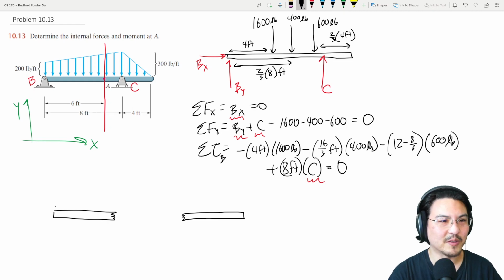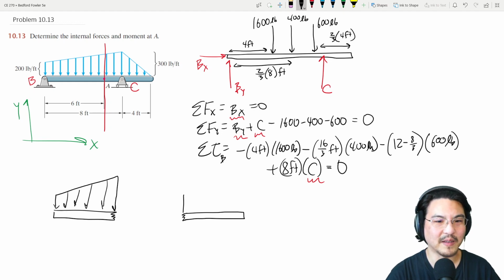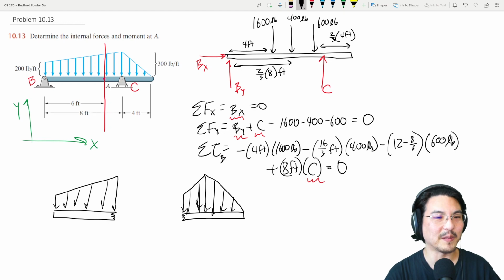There's the distributed load like this. Okay, and then kind of like that on the right section.